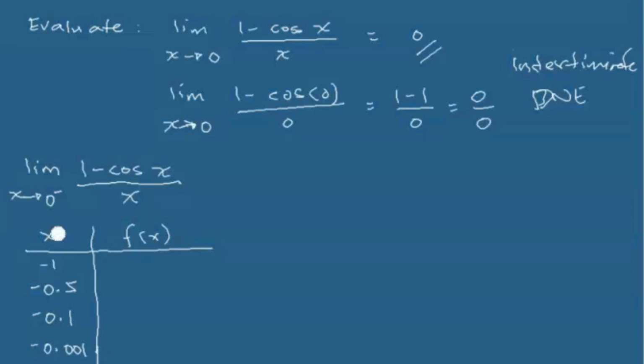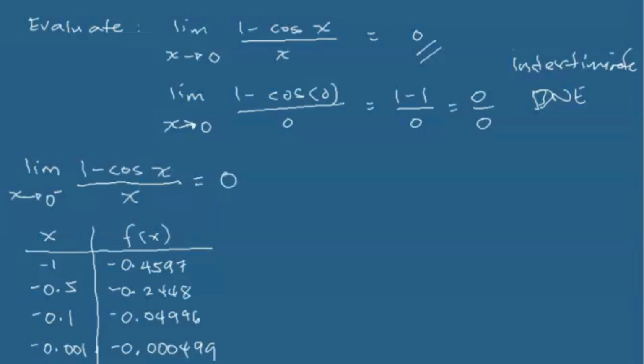For negative 1, if we substitute, we'll get negative 0.4597. For negative 0.5, we'll have negative 0.2448. For negative 0.1, we'll have negative 0.04996. For negative 0.001, we'll have negative 0.000499.